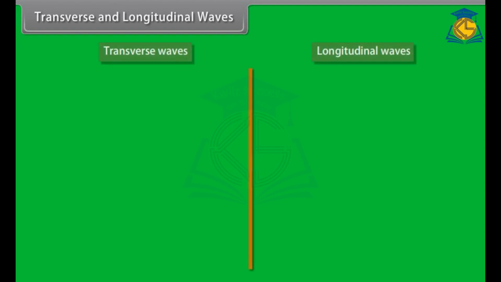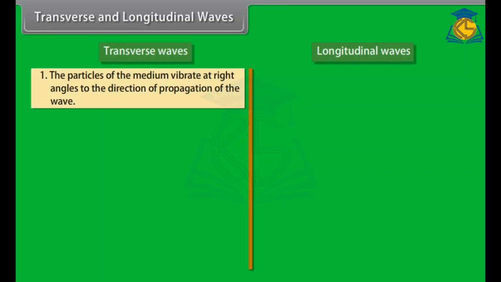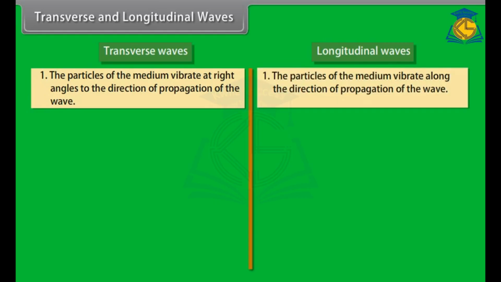Transverse and longitudinal waves. Let's make the difference between transverse waves and longitudinal waves. Number 1. In transverse waves, the particles of the medium vibrate at right angles to the direction of propagation of the wave, whereas in longitudinal waves, the particles of the medium vibrate along the direction of propagation of the wave. Number 2.